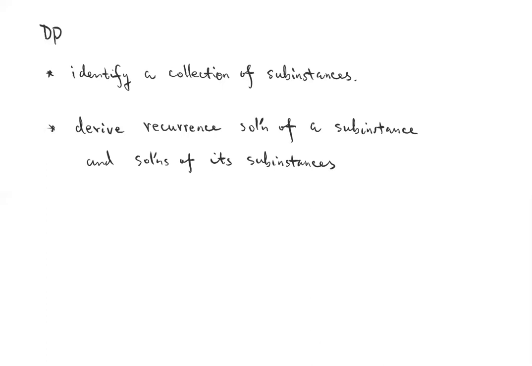So again, as I explained, the key idea is recurrence. These two steps allow us to define the recurrence relation. We find the recurrence relation. Then as far as efficiency is concerned, we solve the problem in a bottom-up fashion.